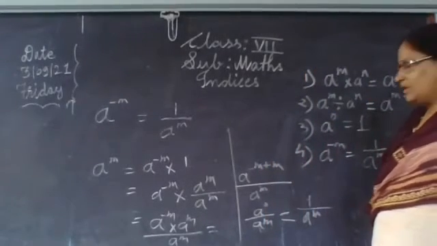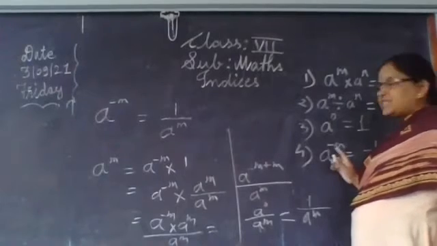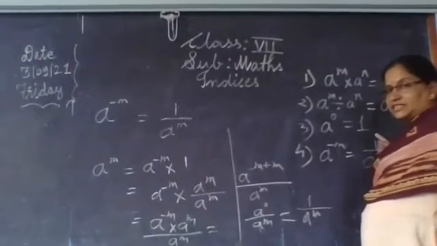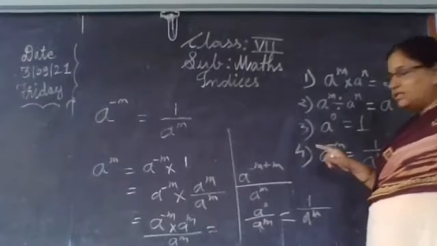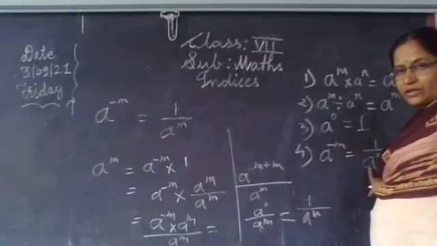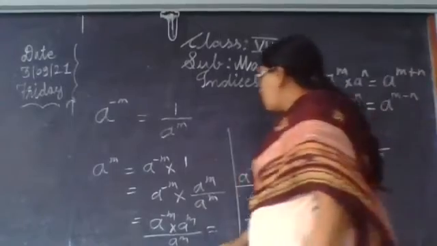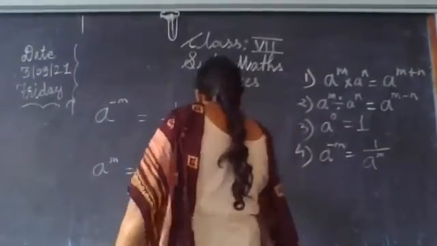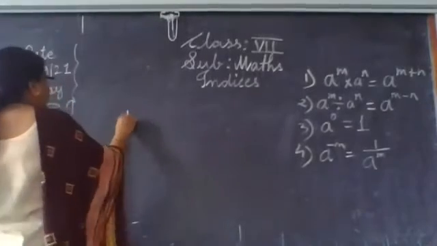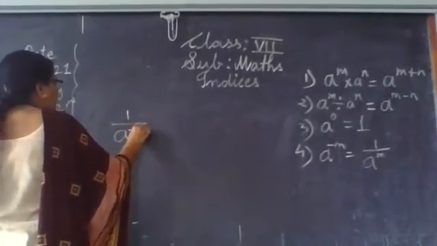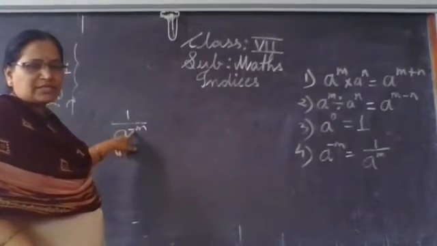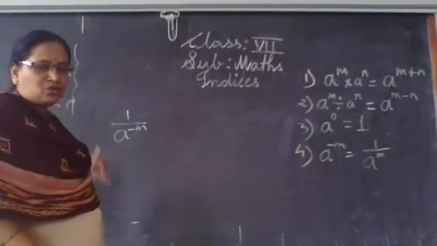Got it, beta? Okay. So this law is, if power is negative, then to make this power positive, you have to divide. Sometimes the question will be like this: 1 upon a raised to power n. To make this a raised to power minus n, again you have to divide.